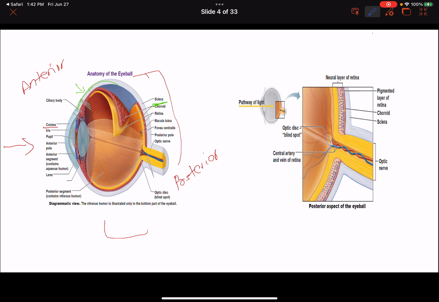This color comes from the iris. Then you see the pupil, this opening over here. Light enters this way.